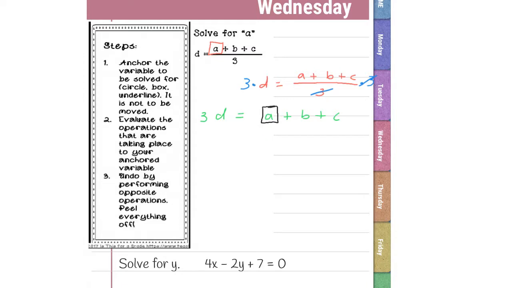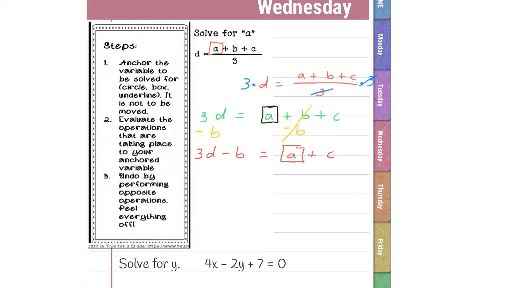So what is the opposite of plus B? Well, that's minus B, so I'm going to subtract B on both sides. B minus B reduces to 0. I'm going to rewrite it so you guys can see what that looks like. So then I have 3D minus B, because I can't combine that, is equal to A plus C.